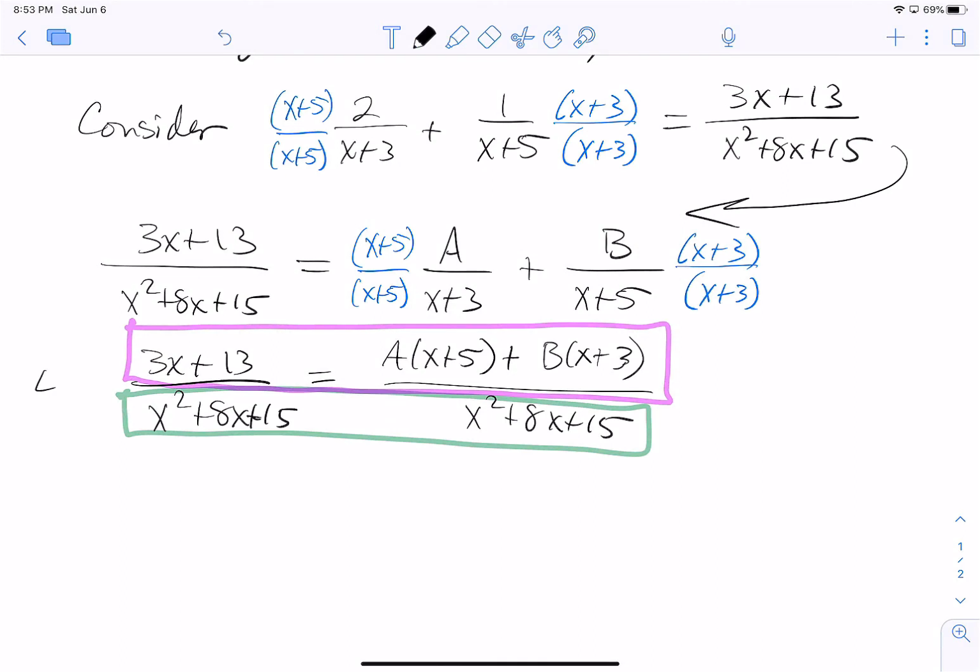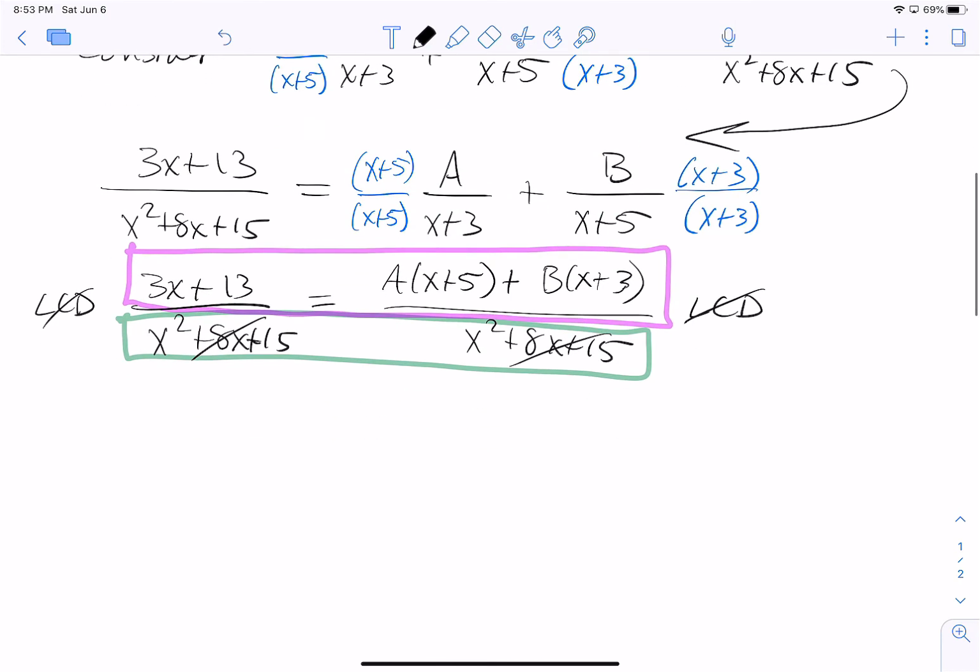Or if you like, we can multiply both sides by the least common denominator, thereby clearing all of the fractions. Either way, we have an equation that looks like 3x plus 13 is equal to A plus B, that quantity times x, plus 5A plus 3B.